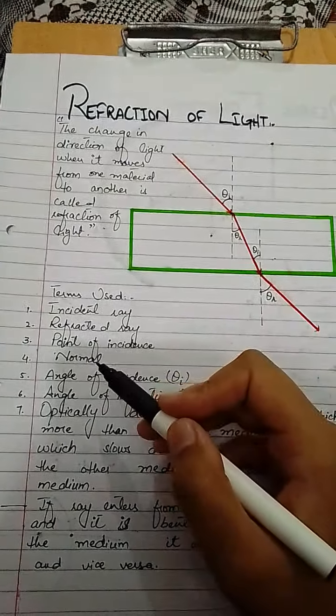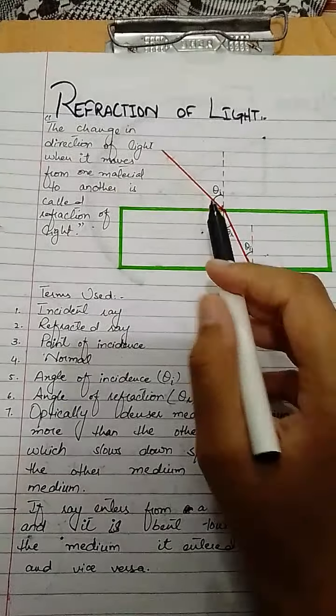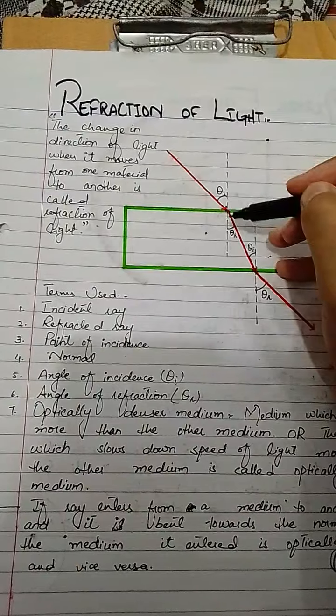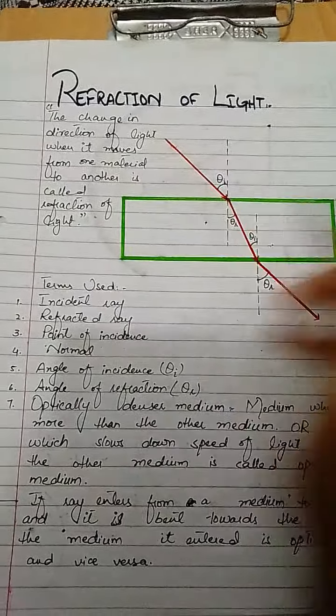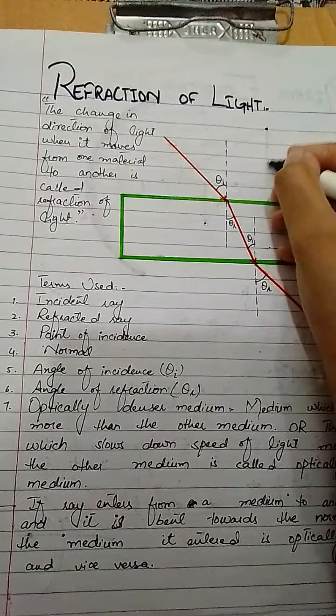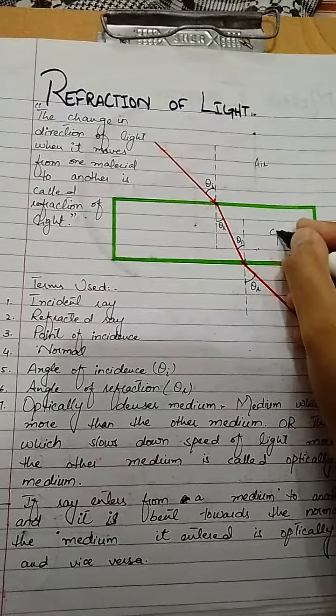Fourth one is normal. Normal is the perpendicular drawn on the surface of the second medium. Here, let's say this is air and this is glass.